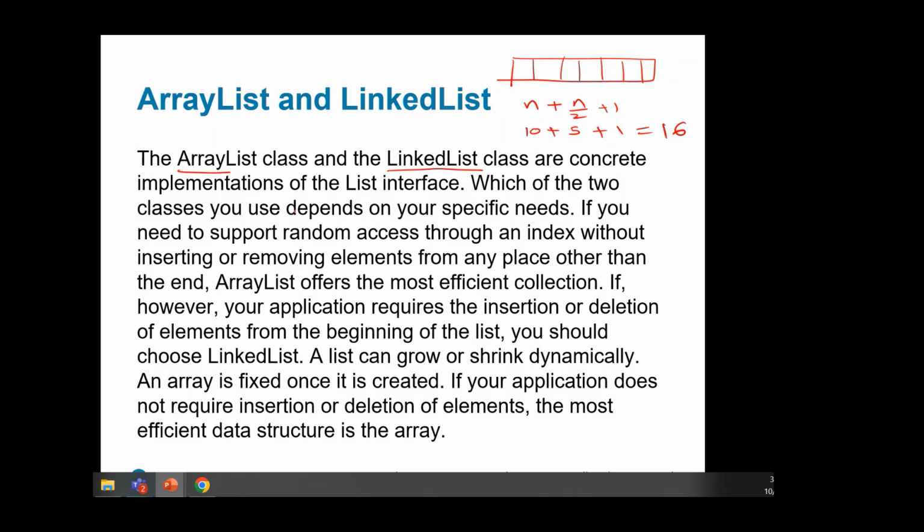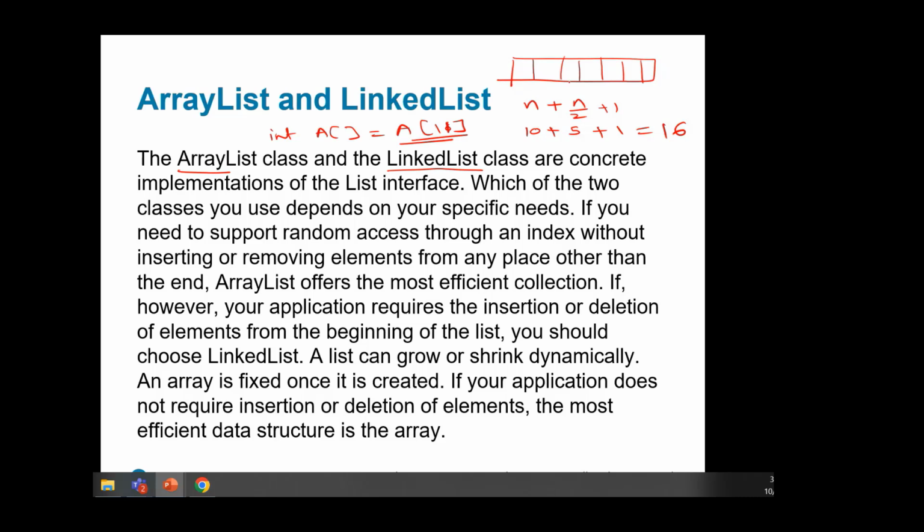If you remember, int a of 10, if we have to insert the 11th, then we have to change this value to maybe 20 on our own. Here the data structure is taking care of everything internally.